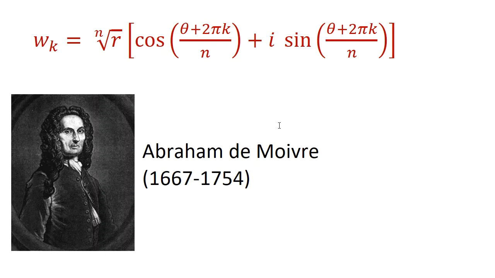DeMoivre is most famous for this theorem, which links complex numbers with trigonometry, and that was never done before. He lived in very tumultuous times. He was born in the Champagne region of France in 1667 and lived 87 years. When he was an adult, he was a Protestant, so he was educated in Protestant schools.